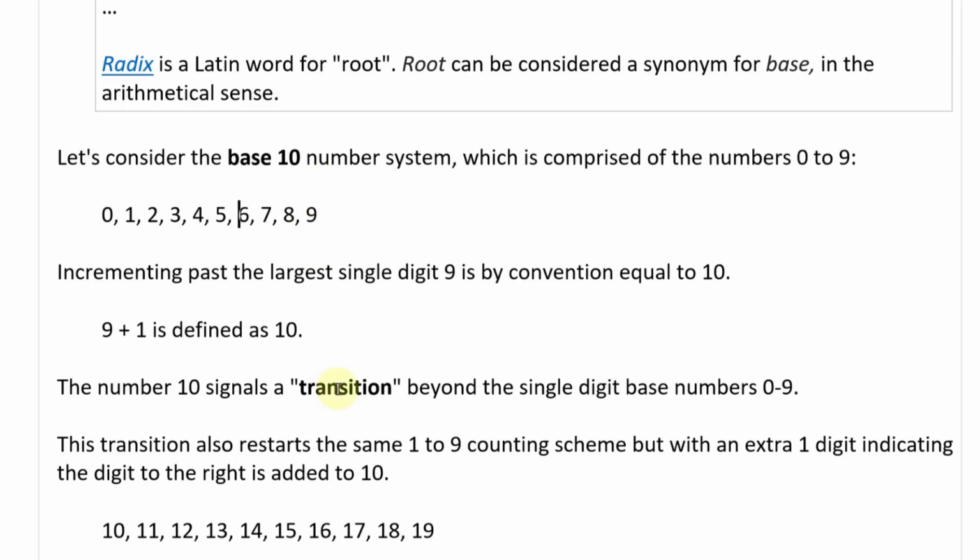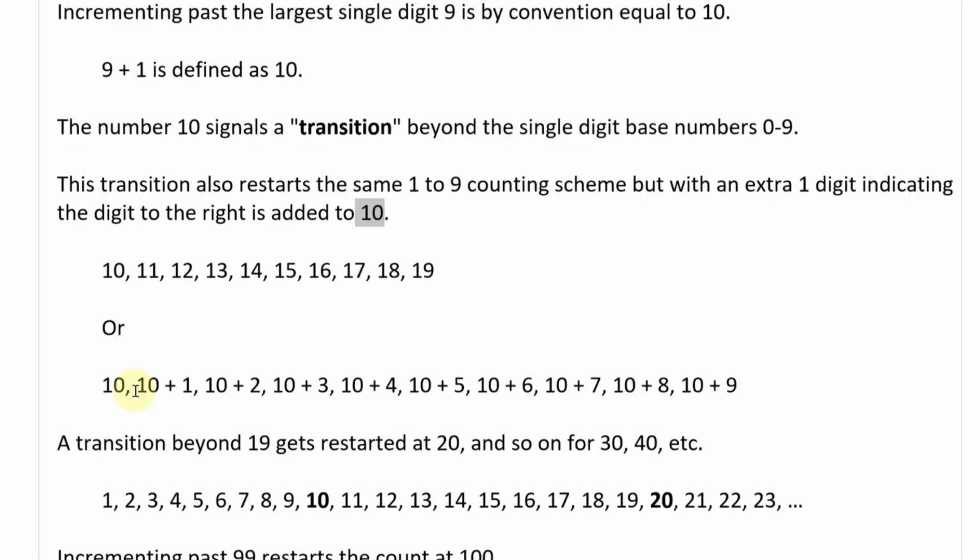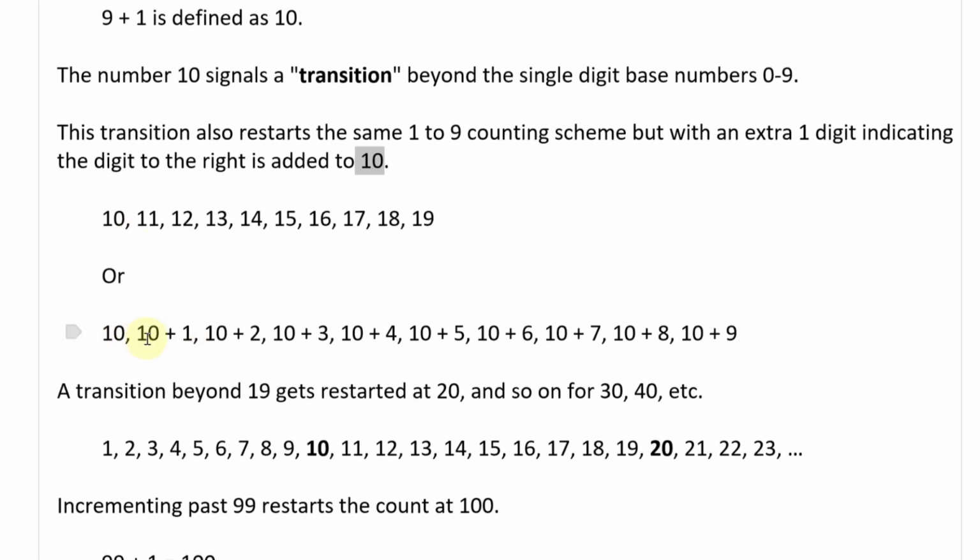And then the next ones will be 11, 12, 13, and so on. This transition also restarts the same 1 to 9 counting scheme, but with an extra 1 digit to the left, indicating that the digit to the right is added to 10. In other words, we'll have 10, 11, 12, 13, 14, 15, 16, 17, 18, 19, or we could write it as 10, then 10 plus 1, 10 plus 2, 10 plus 3, 4, 5, 6, 7, 8, all the way to 9.